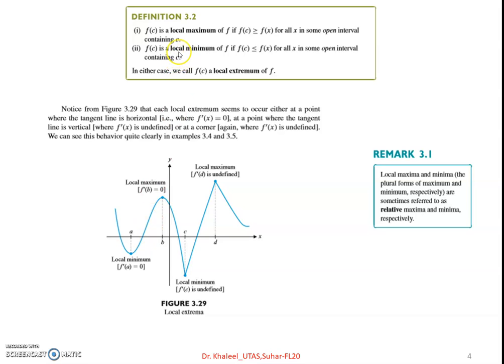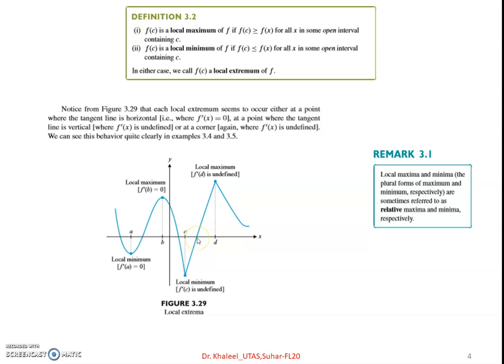So similarly, local minimum, some open interval. What is this open interval? You see, from this to this is the open interval for the local minimum. So this is the local minimum for this part of the graph. But is it the minimum for the entire graph? No. This is the absolute minimum for the entire graph. This is the absolute minimum. This is the local minimum. Now look at it.